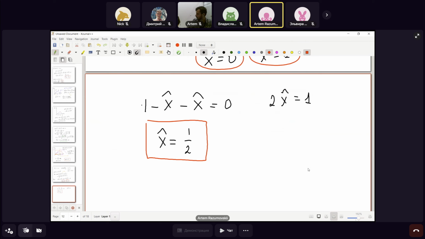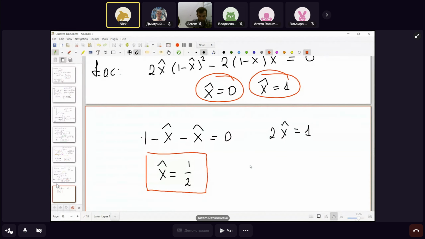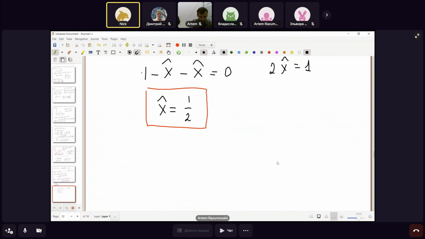Well, am I right? Yes, looks like it. Which of those roots, like, has two roots in it?